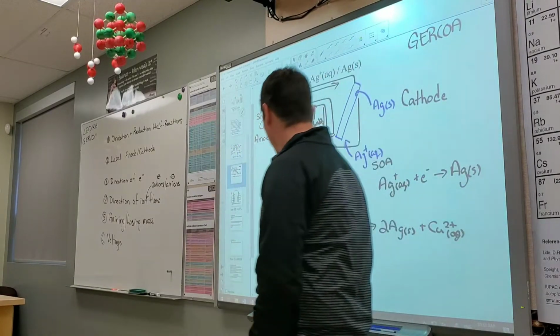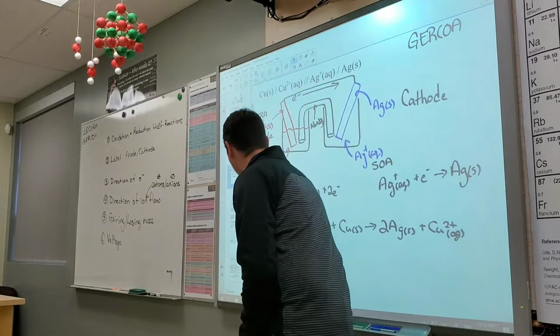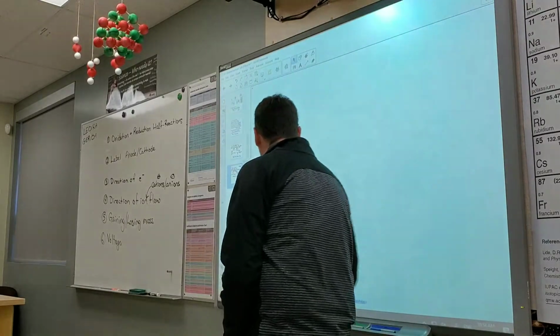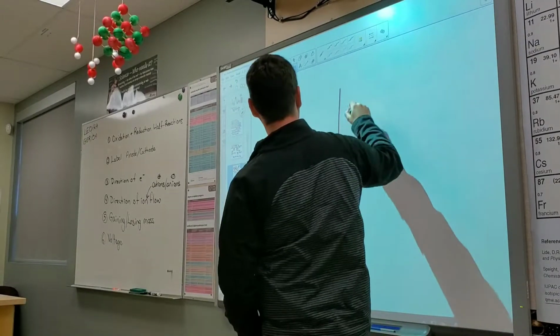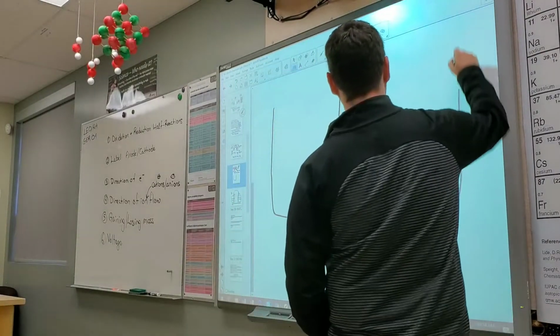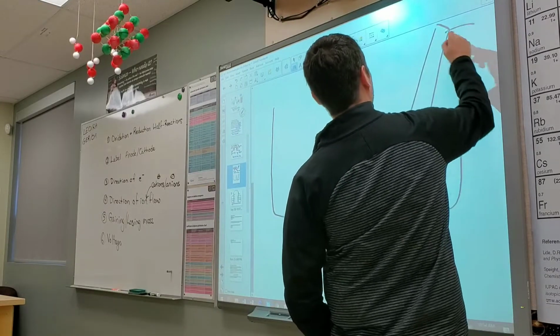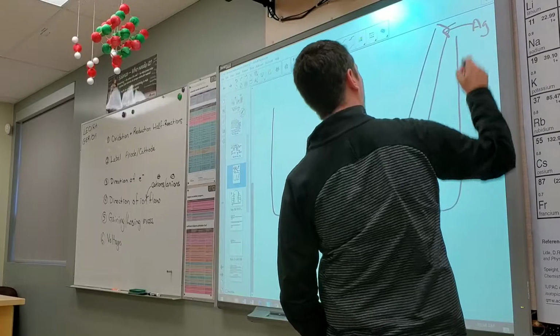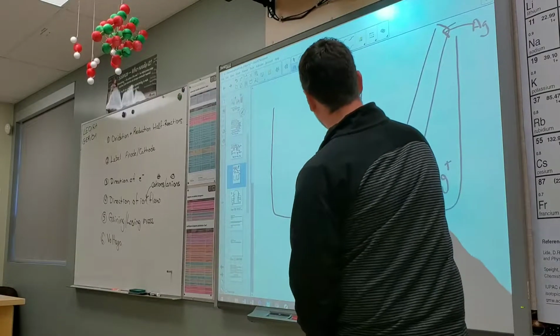So I'm going to draw a little bit more of a picture down here. You don't have to draw this, but I'm going to balloon this up really big so that we can take a look at what's actually happening. So this is my chunk of silver, and in here are silver ions.